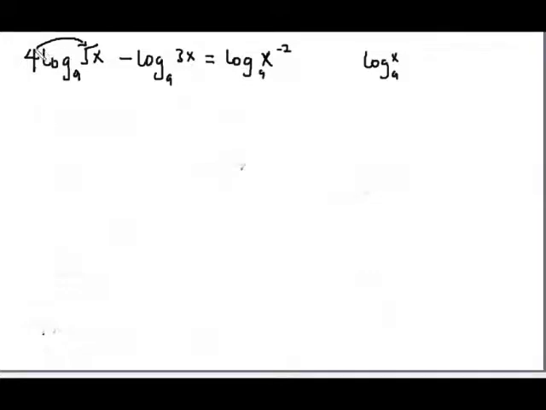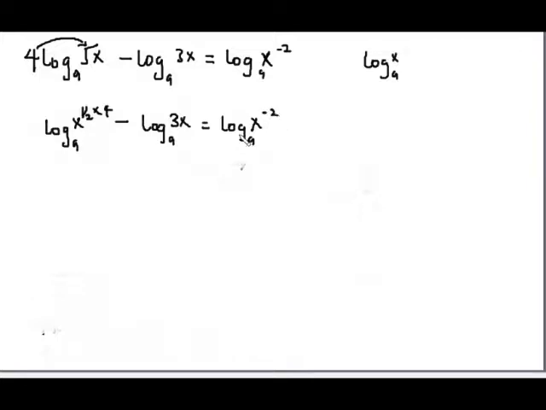So we have logarithm of a. Moving this one here, we have x, there's a root here, so this implies half times 4, and then you have a negative log a 3x, which is equal to log a x minus 2, of course.